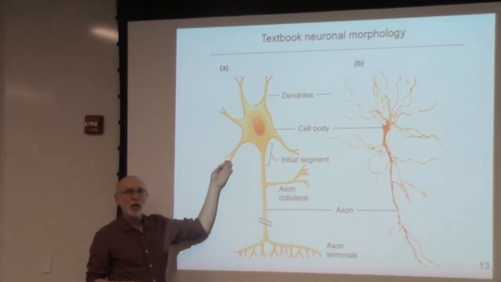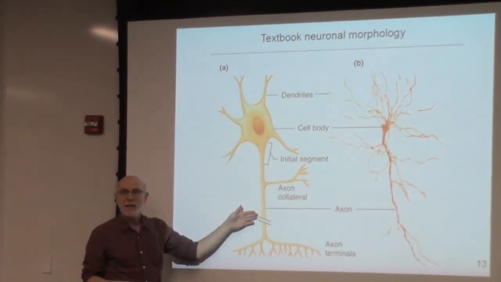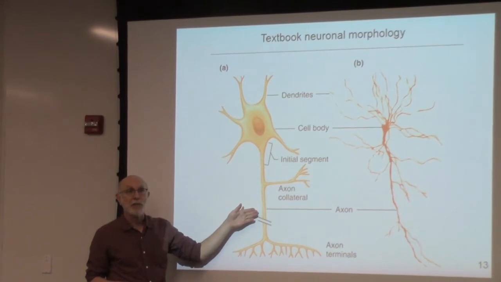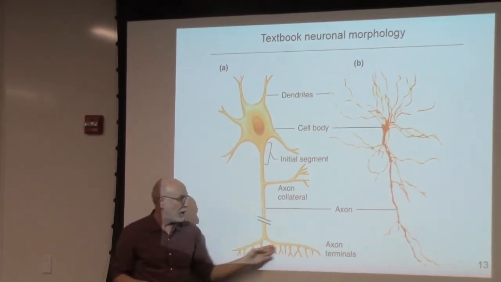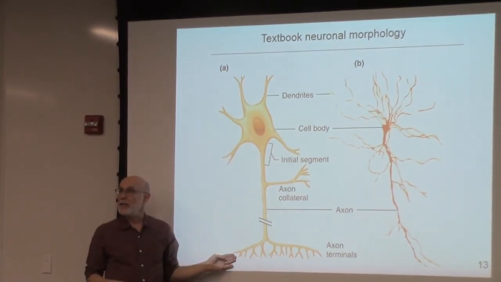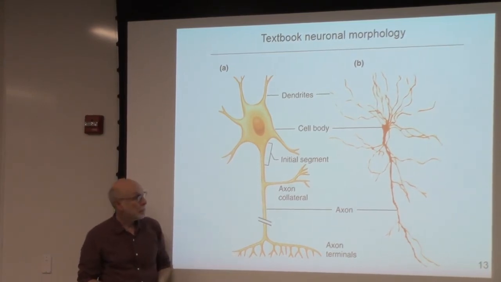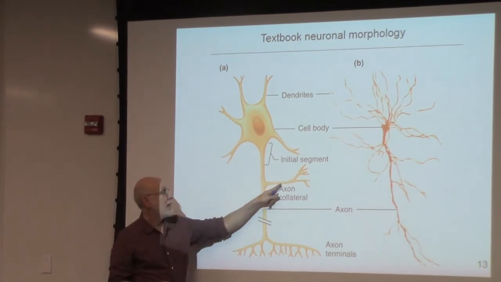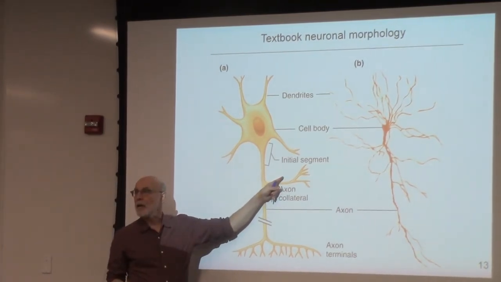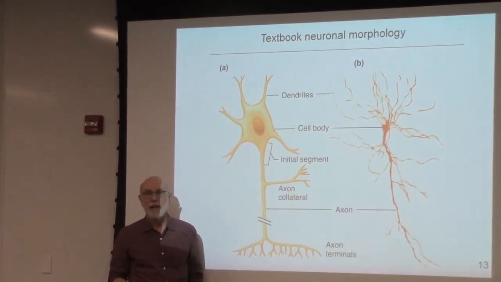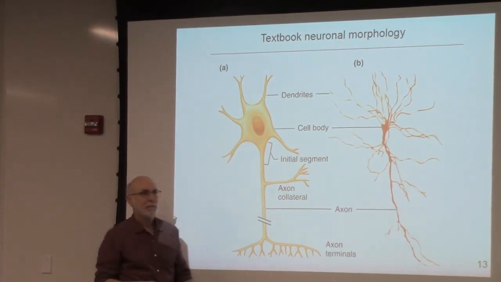This is where the receptors are, information flows this way, outputs are through the action potentials in the axon, and then we're going to talk about neurotransmitter release here next week. Axon collateral is just a branch from the axon. Collateral is a fancy name for branch.